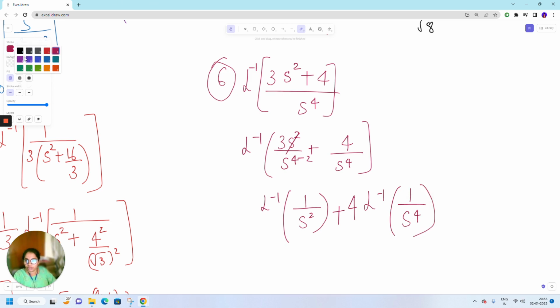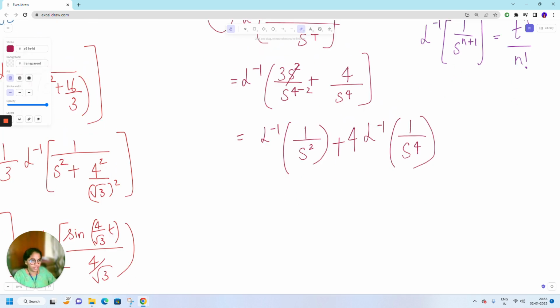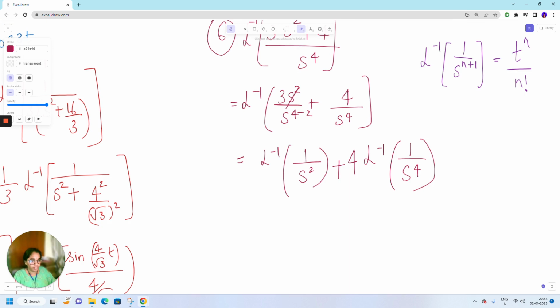Okay. What is the formula? The formula of Laplace inverse of 1 divided by s to the power n plus 1 is t power n divided by n factorial. Can I write 2 as 1 plus 1? Yes. So in place of n, I have 1. So I'll write it as t power 1 divided by 1 factorial, which is 1 itself. Plus, I'll write this 4 as 3 plus 1.